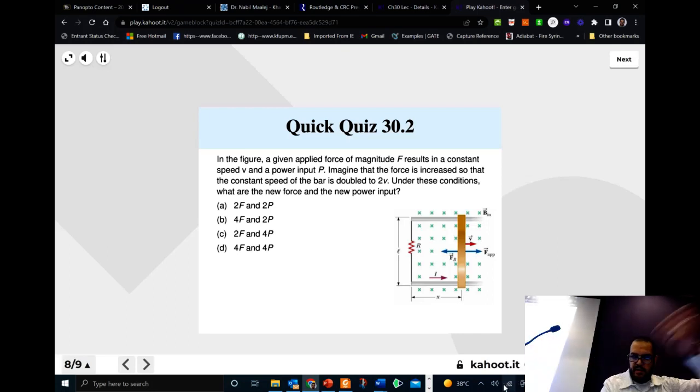Tell me, what do you think? We said the force is equal to ILB, and I is BLV over R.